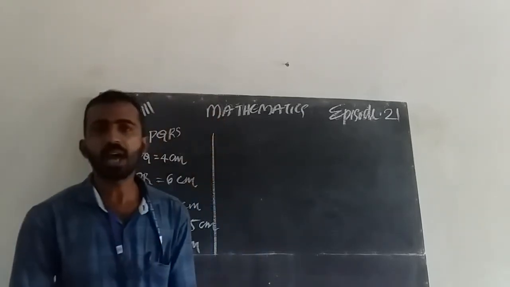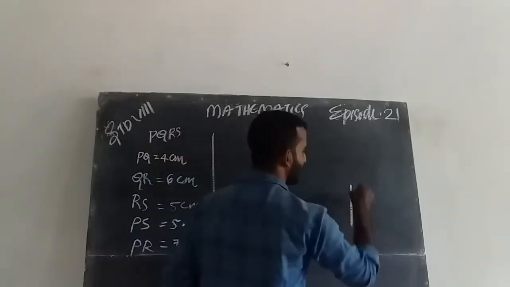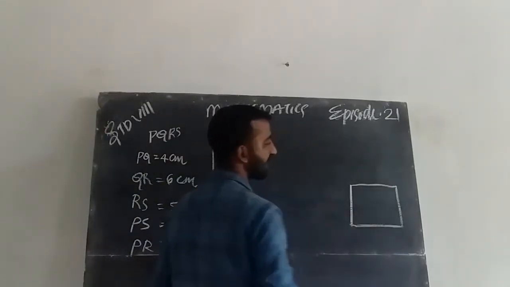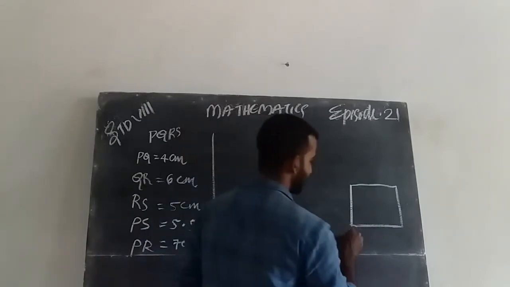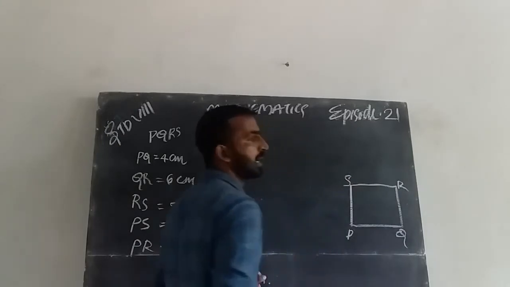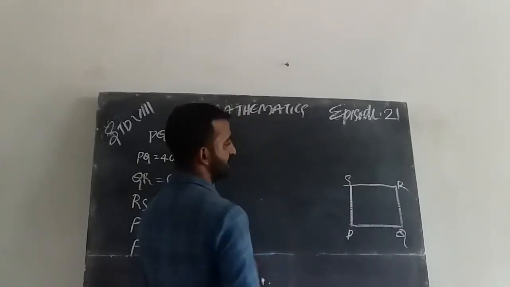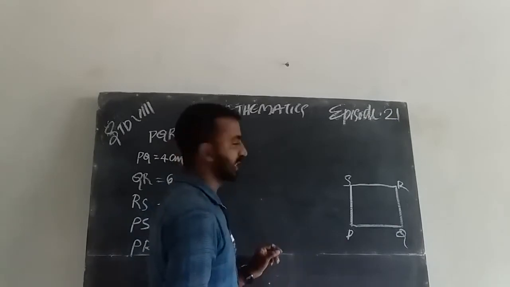For drawing, first we start with a rough figure. This is a quadrilateral. We name it PQRS and we denote the measurements of the corresponding sides.